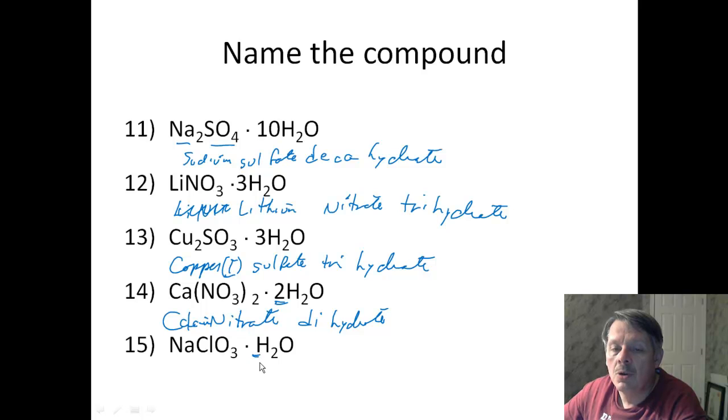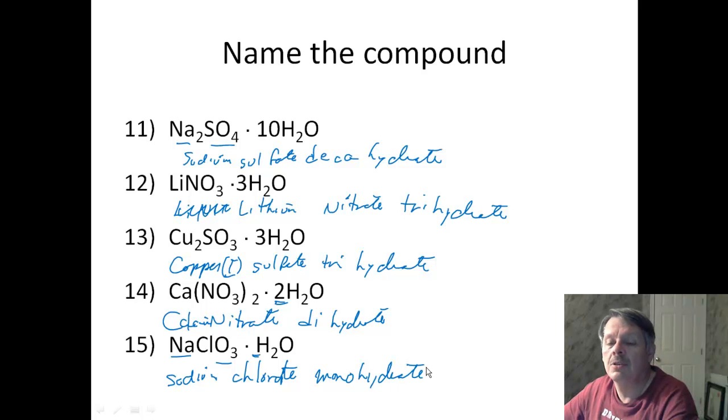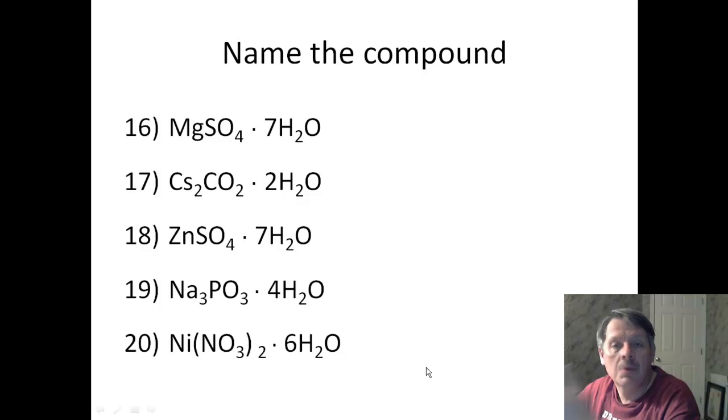And there's no number here, so this is sodium. ClO3 is chlorate, and mono, meaning 1, hydrate. Notice it's not just hydrate, it is in fact monohydrate, because you need the prefix for mono.